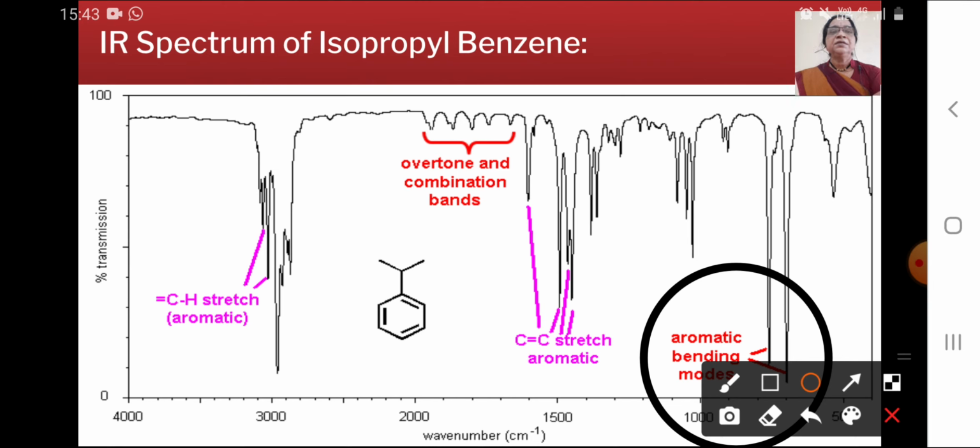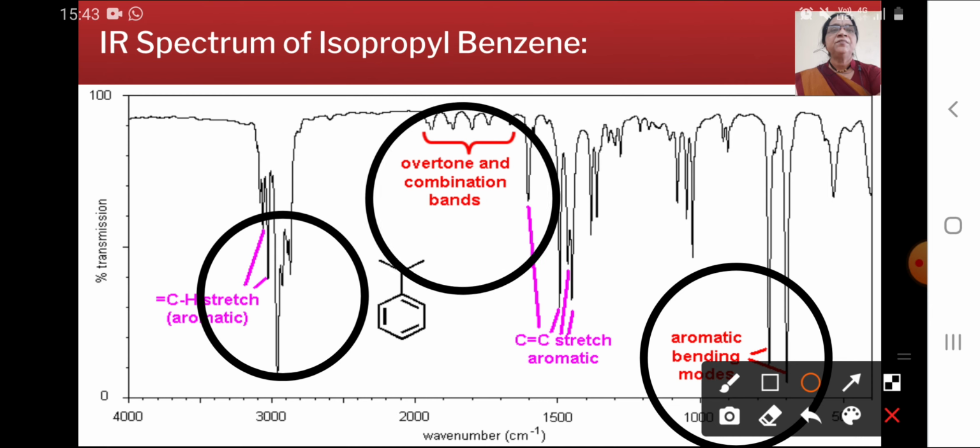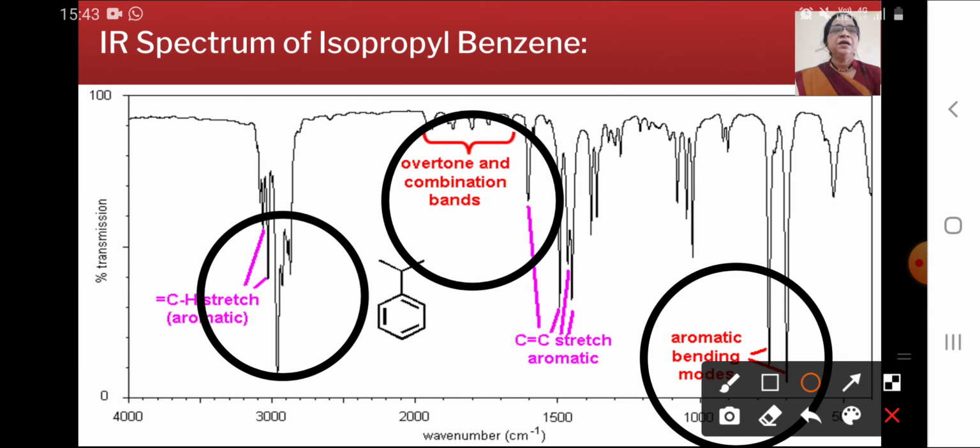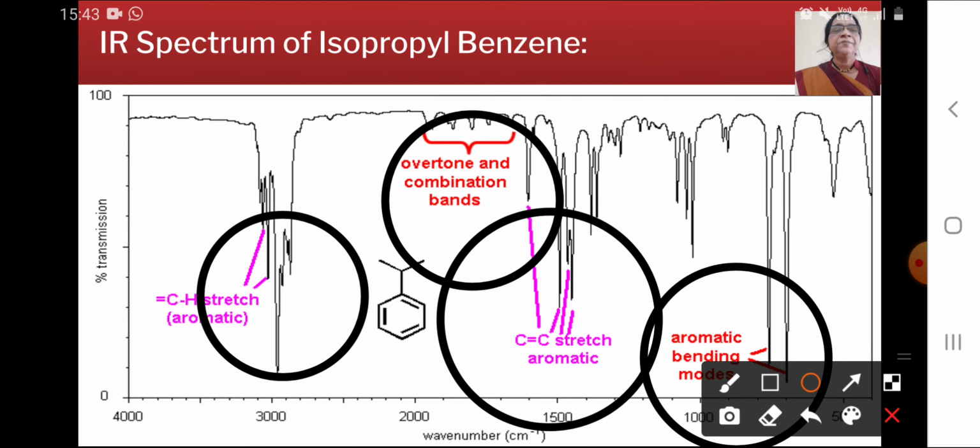In this example there is an isopropyl group, with a CH stretch observed here. Overtone combination bands are observed, and here there is the C=C double bond region. The C=C present in the benzene ring indicates the presence of an aromatic hydrocarbon.